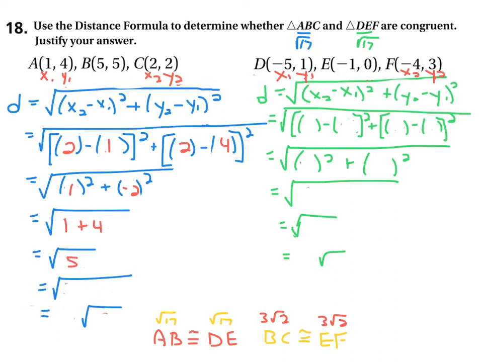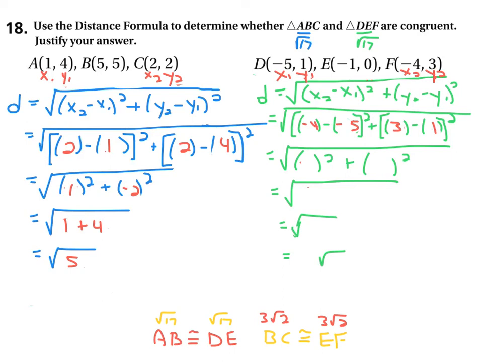We actually don't need any of these other marks. So square root of 5. Let's see what we get on the other side. Okay, filling in x2, negative 4, minus x1, negative 5, y2, 3, minus y1, 1.